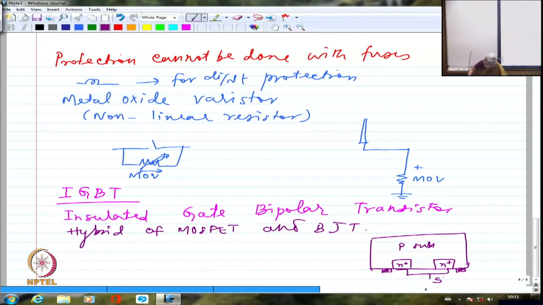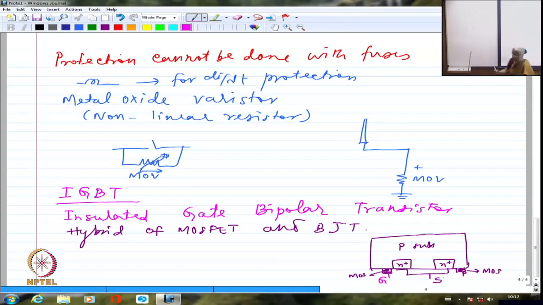These are P, these are P. So we are going to have essentially metal semiconductor deposition here, and then we are going to make metal contacts here, which is going to act as the gate. So let us say we can have it here also, in the middle also, it doesn't matter. So basically we are going to have the firing done with the help of voltage, just like what we did in the case of MOSFET. So let us say I am showing the gate here.